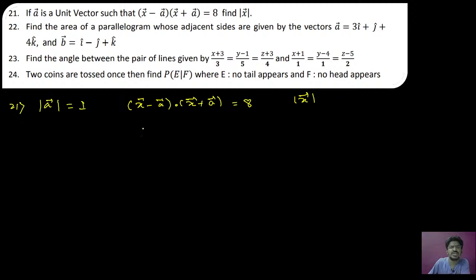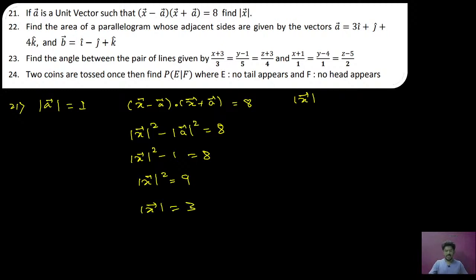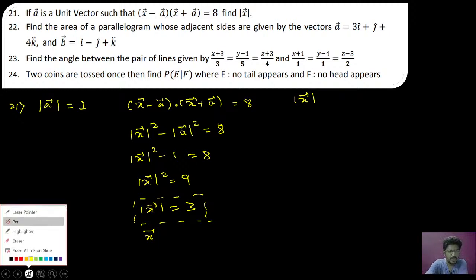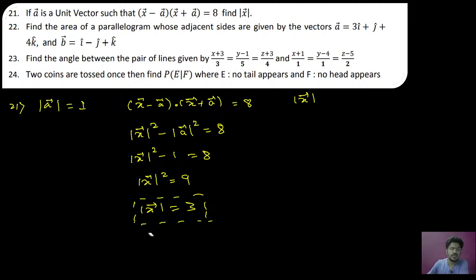Here we can write it as mod of vector x square minus mod of vector A square equal to 8. Mod of vector x square minus 1 equal to 8 because A value is 1. Mod of vector x square equal to 9. Mod of vector x equal to 3. They have asked the mod of x value, no problem. The mod of vector x is 3. Very simple problem.